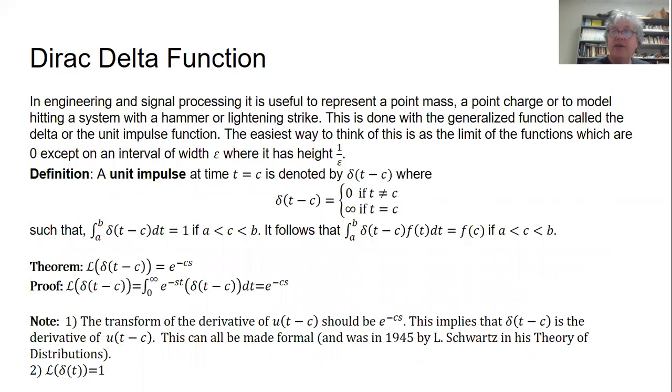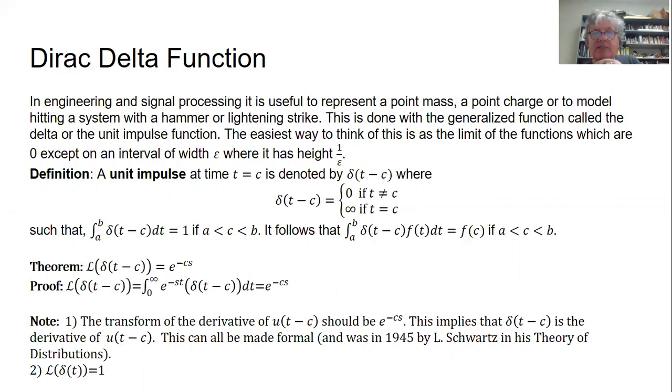And you can quite reasonably say, well, that's not a function, but it's a limit of functions. And a standard thing that you do in mathematics is you like to complete your spaces. So you talk about the space of generalized functions, which is like the space of all limits of sequences of functions which converge to something. And so we define the unit impulse at time t equals c. We're going to denote it by delta of t minus c.